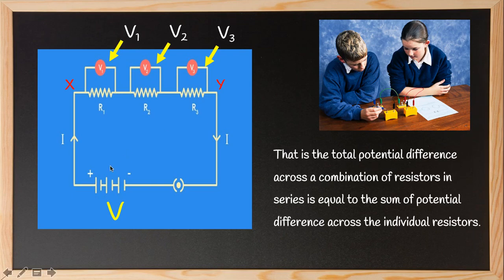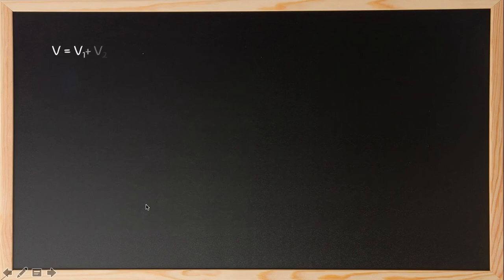That means the total potential difference capital V is equal to the sum of the potential differences of the individual resistors, that is, V is equal to V1 plus V2 plus V3. If you add all these three, you will get the total potential difference present in this electric circuit.